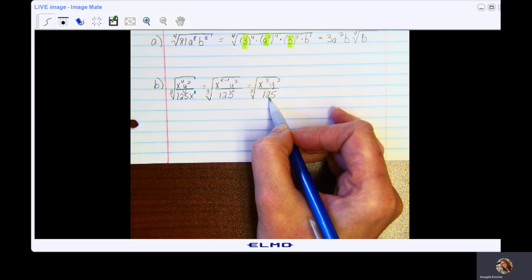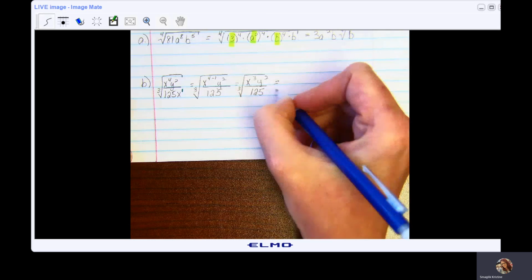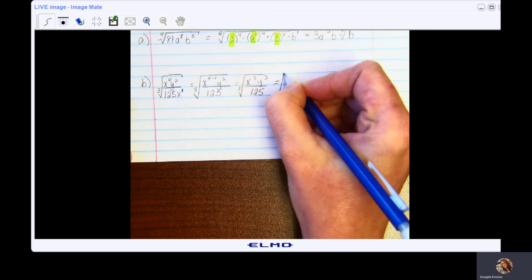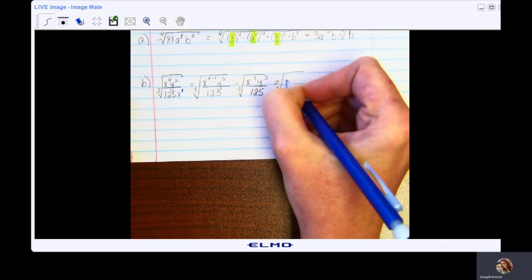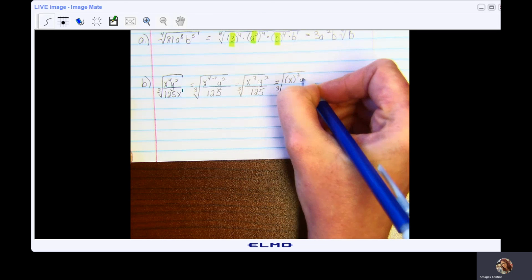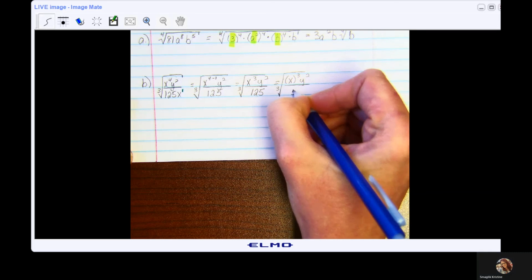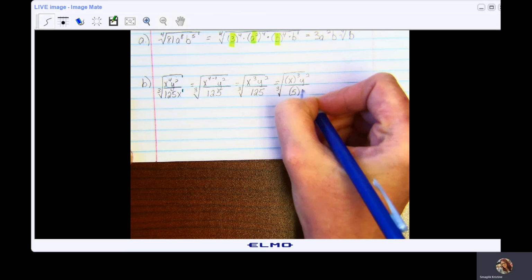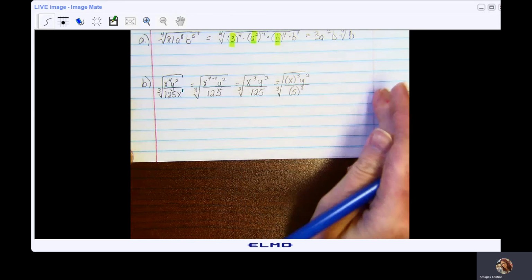Now 125 is a perfect cube. 125 is 5 raised to the 3rd power. So again, just for the sake of going through all of the steps, I'm going to write everything out. So far we have, in parentheses, x to the 3rd y squared all over 5 to the 3rd power, which again is equivalent to 125.